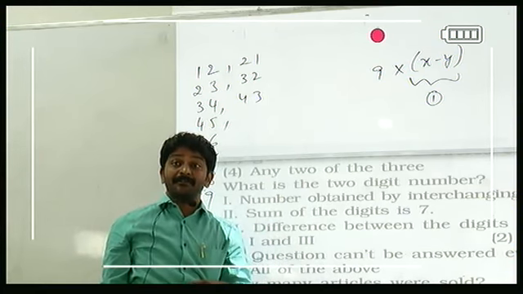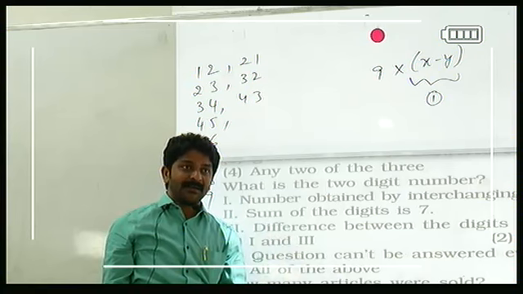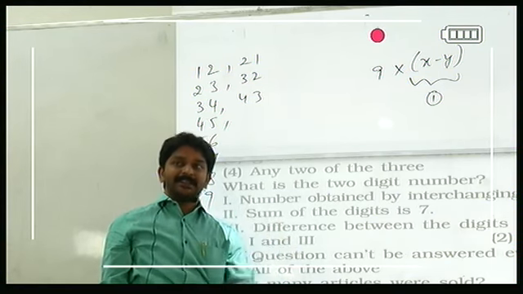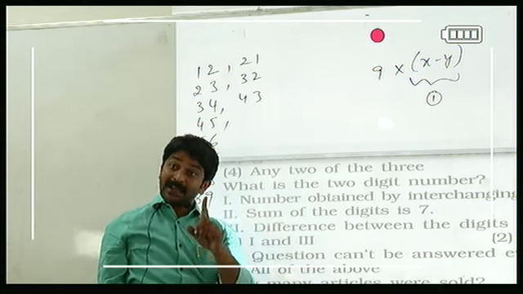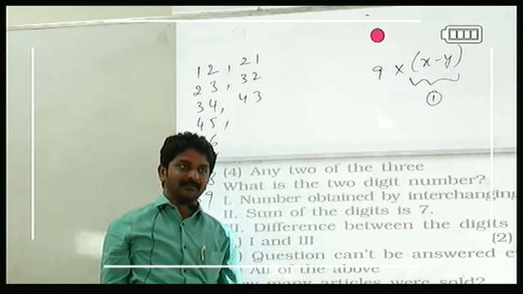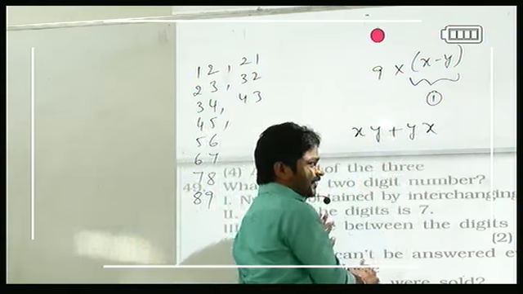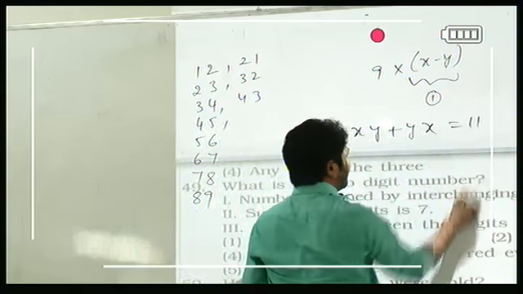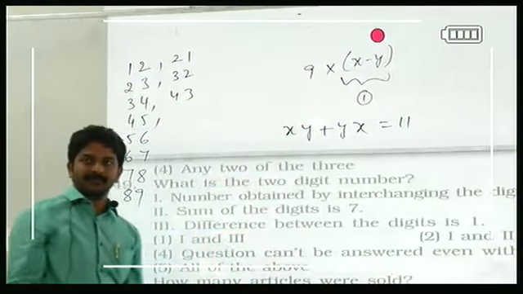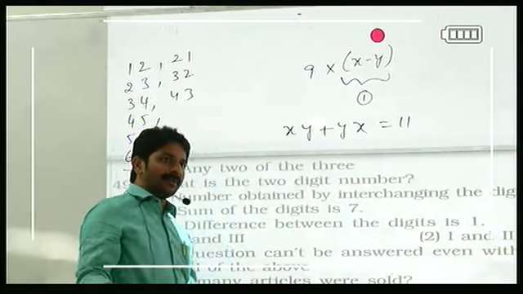And the sum of the original number and the number obtained by interchanging the digits will always be a multiple of 11. Difference will be a multiple of 9.